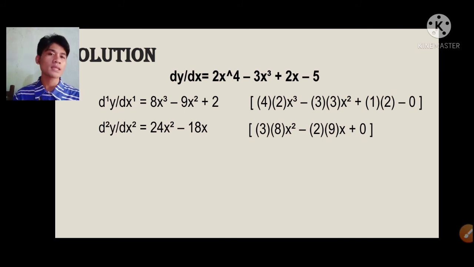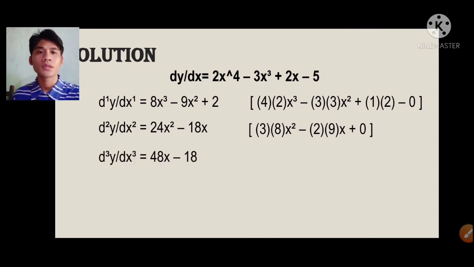And then we have minus 18x as we apply also the power rule that we must bring down 2 and then multiply to the coefficient of the second term in the first derivative, which is 9. So we came up with 18, and then we subtract 1 from our power, which is 2, so we came up with x. And then it is understood that 2 is a constant, so it would be equal to 0.